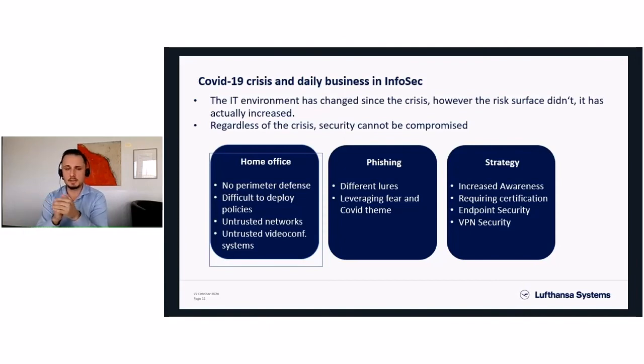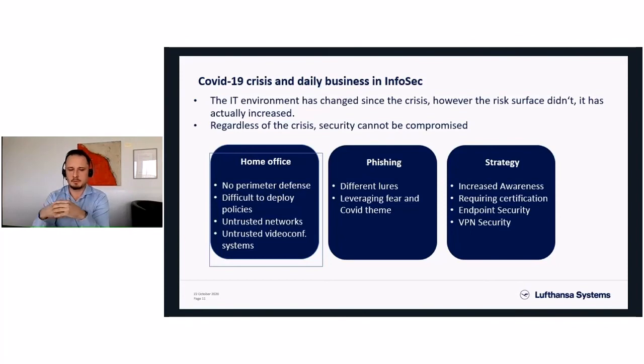Another challenge we've seen is, for instance, with video conferencing, because now video conferencing has risen a lot, but there could be services that are not provided by the company, and people try to make their lives easier, which is obvious and understandable.